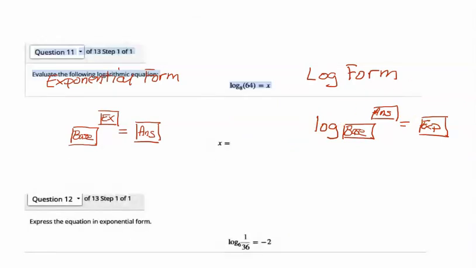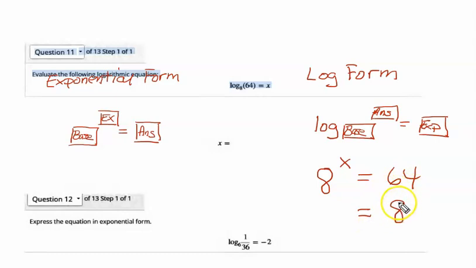And these are our last two examples. Example 11, our base here is 8. Our exponent is x. And our answer is 64. Now, can we convert 64 to have a base of 8?